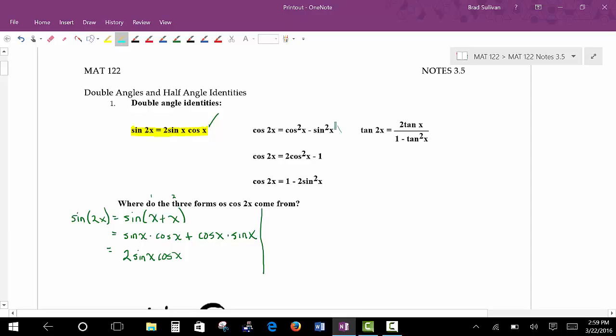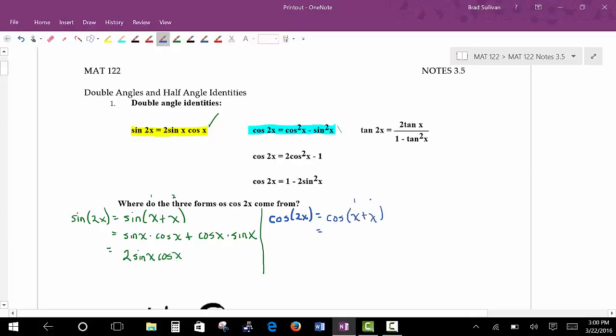The second one I'd like to derive is the cosine of 2x. Its derivation is quite similar. We're going to start by saying cosine of 2x is equal to the cosine of x plus x. So we have a cosine sum identity.